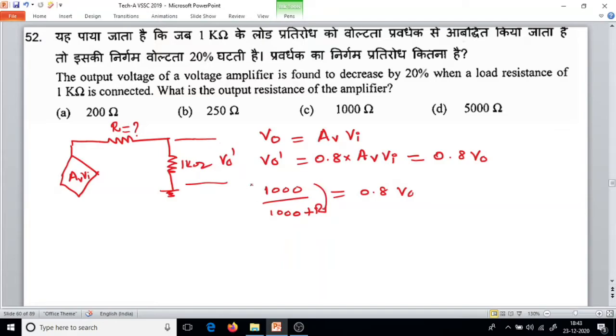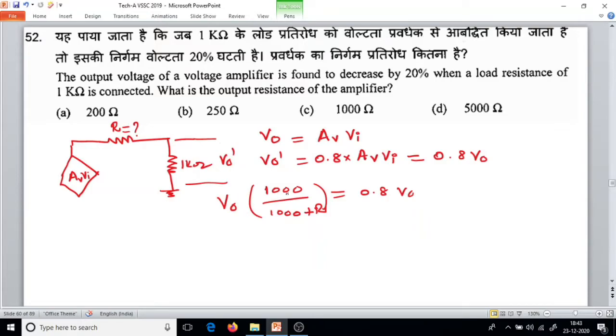We have to multiply by the voltage there before we connect the load, that is V naught. This V naught, before connecting this load, we had V naught here.